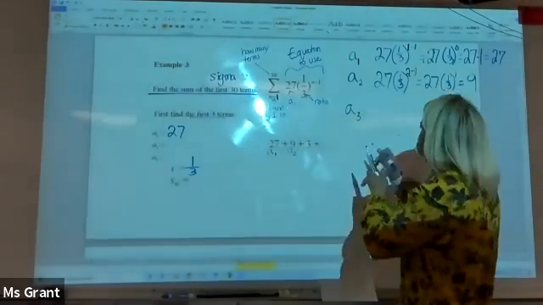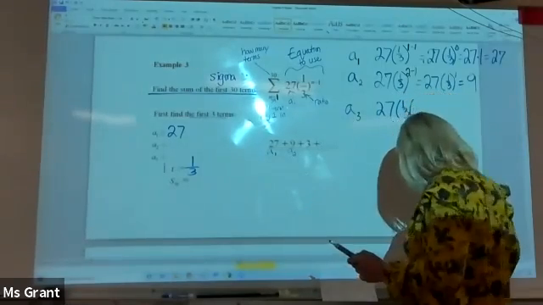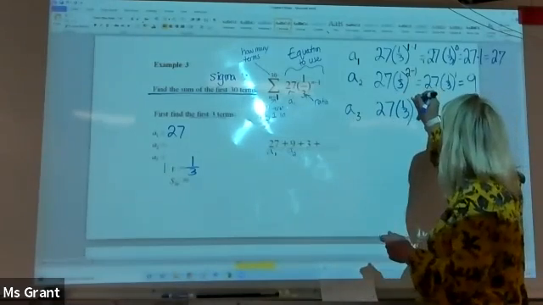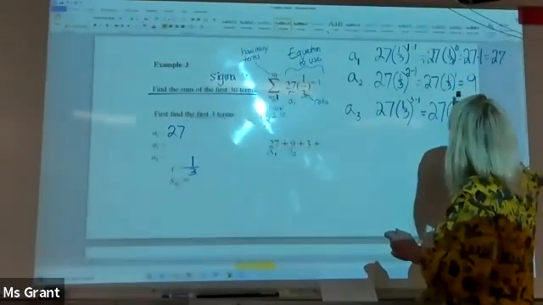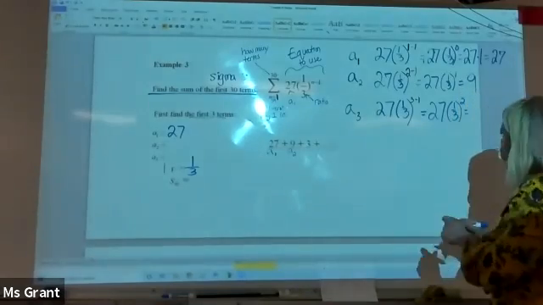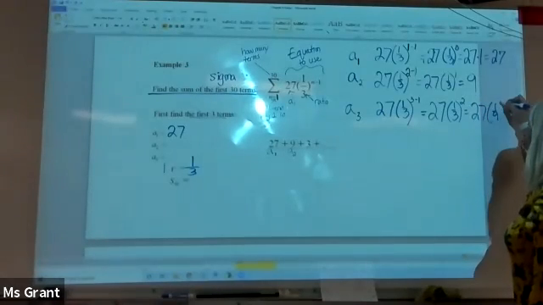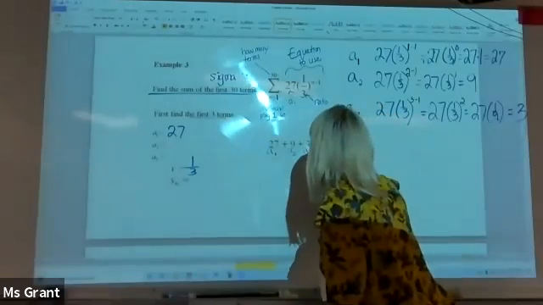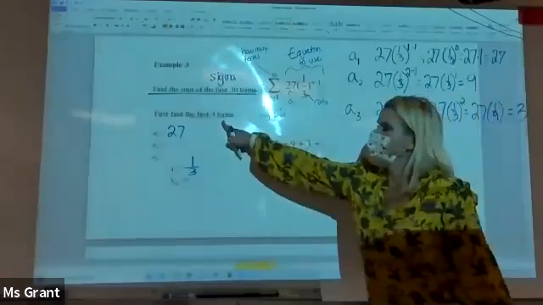Third term means that I plug in a 3 minus 1. One-third squared is 1/9. 9 goes into 27 3 times. So I found my first 3 terms. Done.